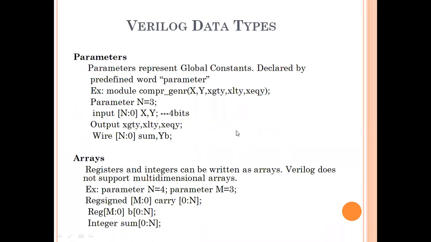Again, you can use the data type arrays, that is, registers and integers can be written as arrays. Verilog does not support multi-dimensional arrays. Here I have shown how you can use these arrays.